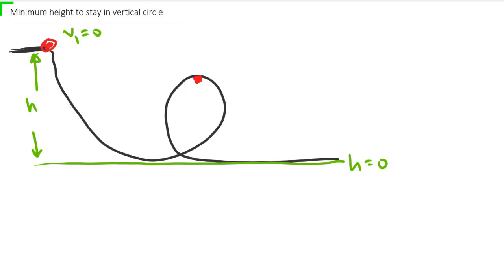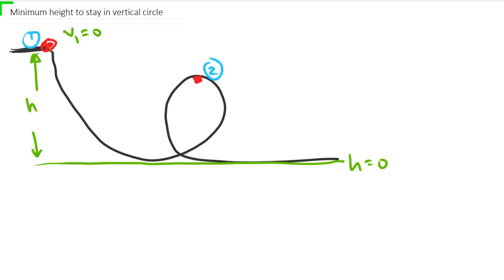So I can label my two points, and we'll assume that this is all frictionless in here. If it's not frictionless, we'd use the work energy theorem. Let's say this is point 1 over here, where it starts out at rest, and this is point 2 right here, where it's at the top of the loop. I know some things about v1, and I'm looking for h1.